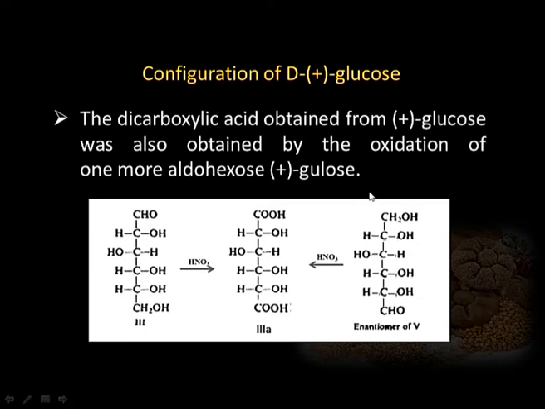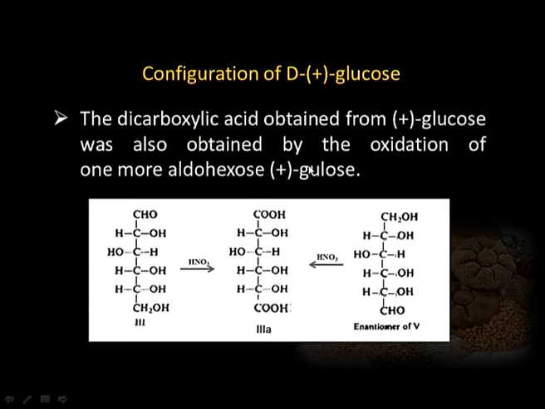As I said before, for giving this proof of the configuration, Fischer synthesized all the 16 aldohexoses, carried out the oxidation of all of them to dicarboxylic acids, compared them with the dicarboxylic acid obtained from glucose, and he found that the dicarboxylic acid obtained from plus glucose was obtained from one other compound only.